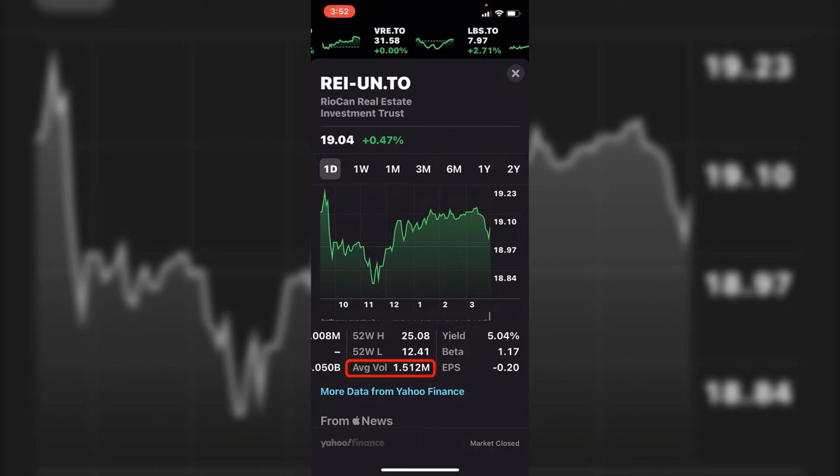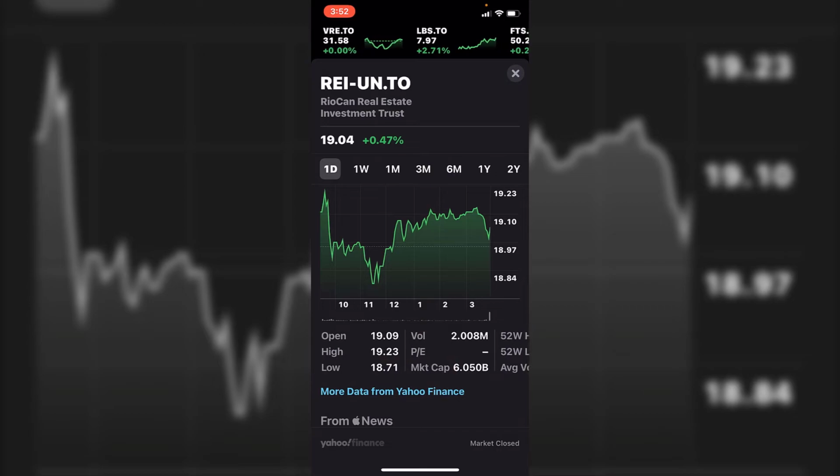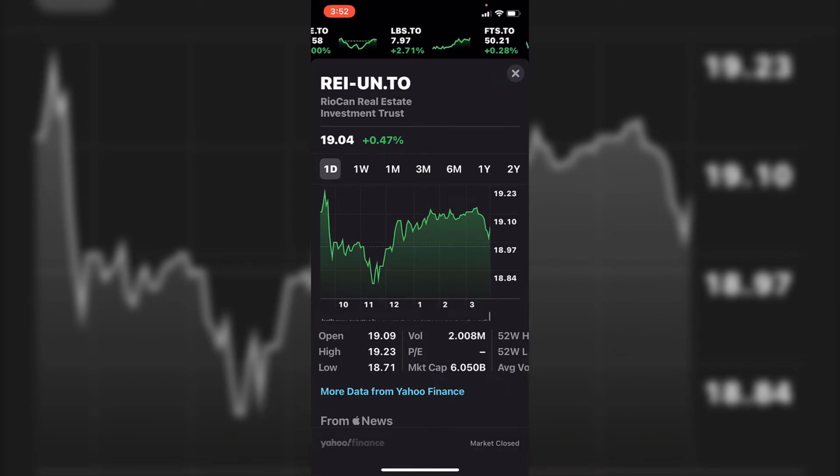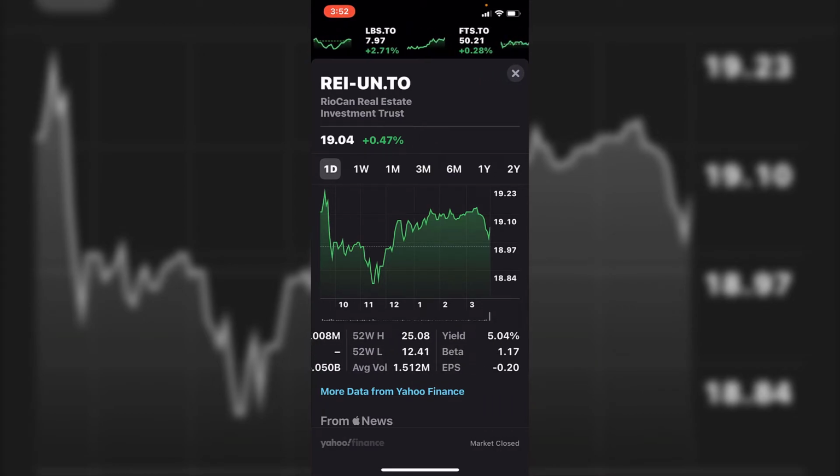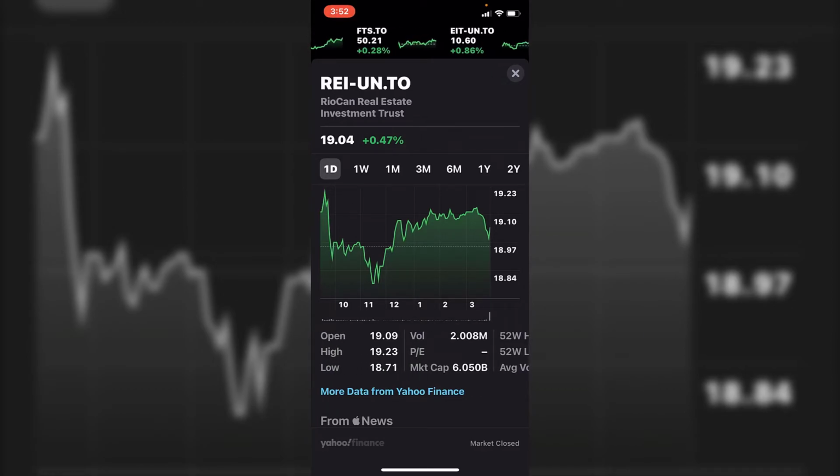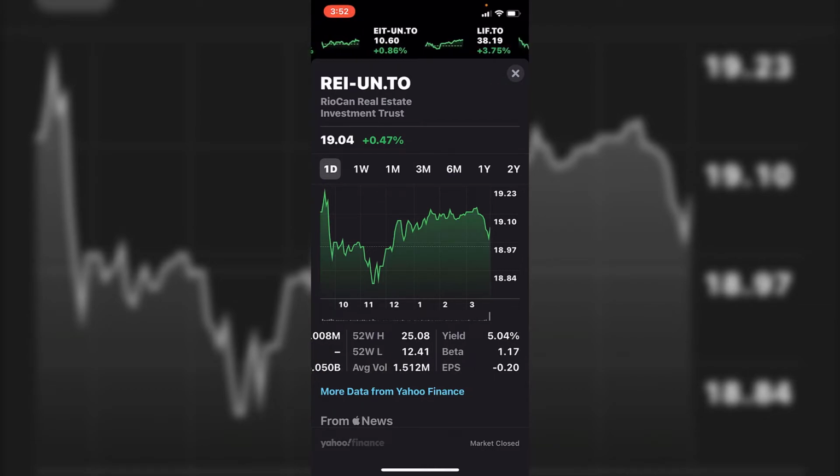But there's an interval, and as you can see, both of them are kind of in the same range. This one is 1.5 million, and the other one is 2.008 million, which means there should be a time interval, but basically average volume means the average of traded stocks of the company.